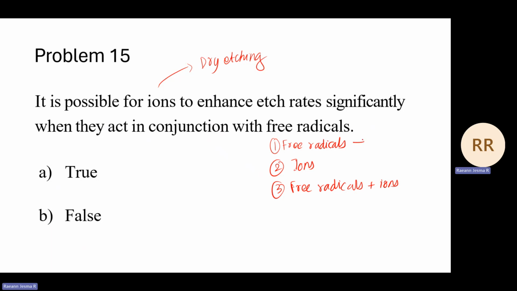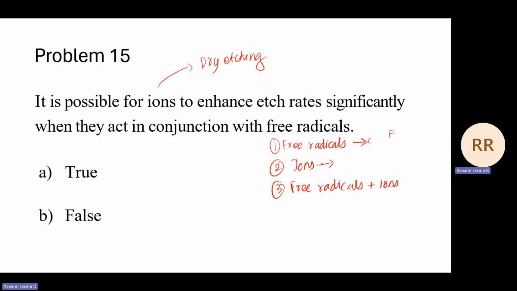So free radical etching is generally a chemical reaction. These are chemically reactive elements like fluorine, so they get adsorbed on the surface of silicon, react with silicon, and the byproducts are evacuated out. By this, the etching happens.